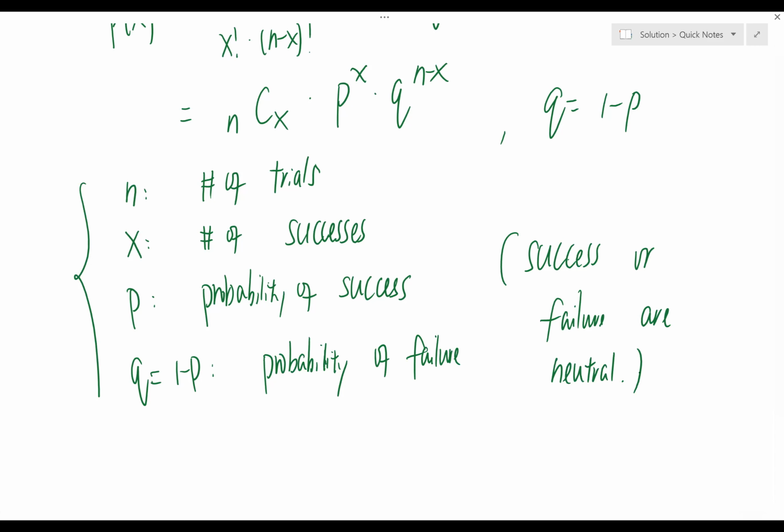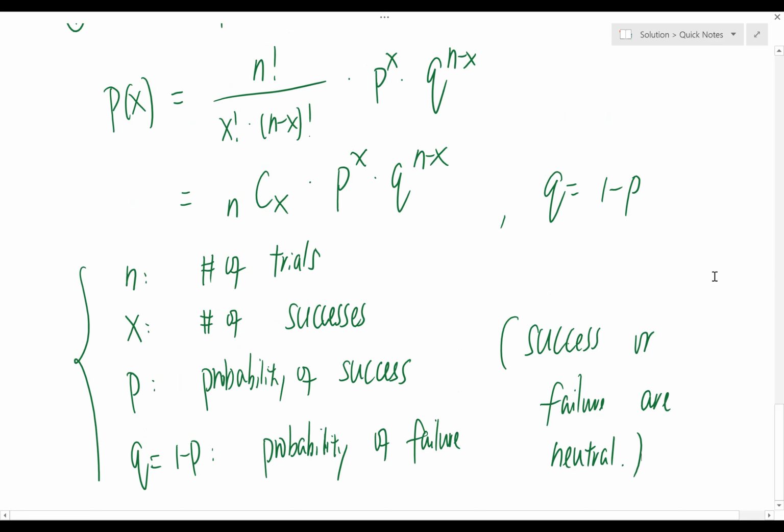So success doesn't mean it's good, and failure doesn't mean it's bad. It's just your focus. If you focus on the number of heads, then getting a head becomes a success event, and getting a tail becomes a failure event.